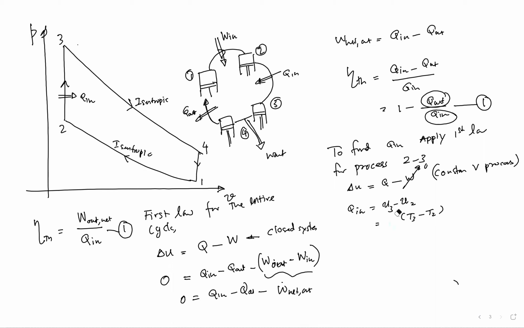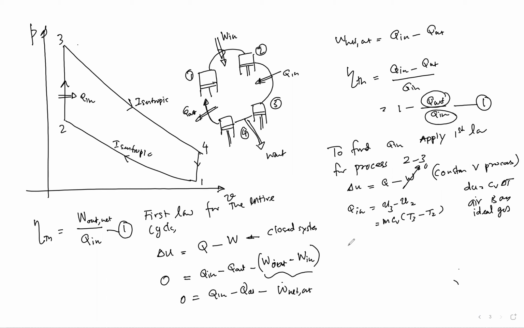And m Cv T3 minus T2, because du is equal to Cv dT for ideal gases. And one of the assumptions that we use here is that air is an ideal gas.